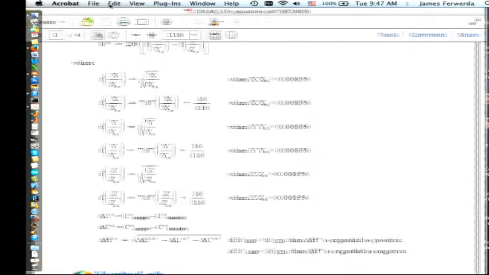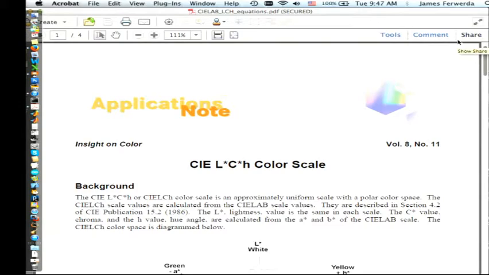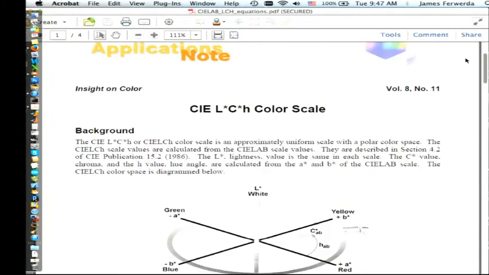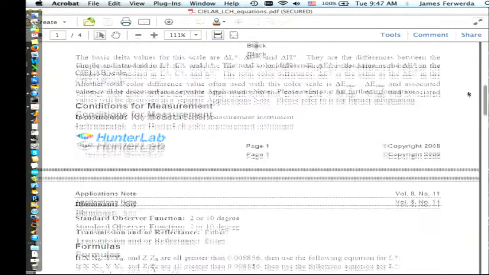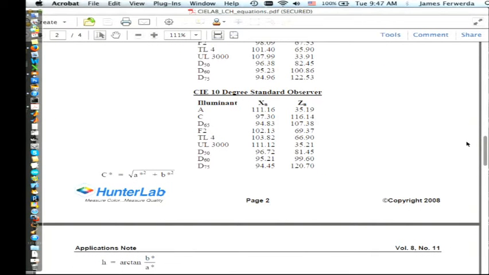And it talks all about LCH, right? Where's the equation I need? Okay, so the first equation you need is C star, which is just the square root of A star squared plus B star squared. Okay? So that's your C star.